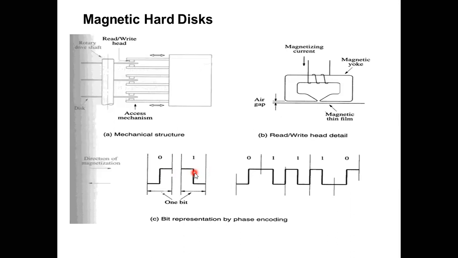For that purpose, in this figure, if I have a clock starting from here and then rising, it will be called 0. If I have a clock with this rising edge, you will have a 1 value. So by this you can find out the values with the use of phase encoding from here to here.